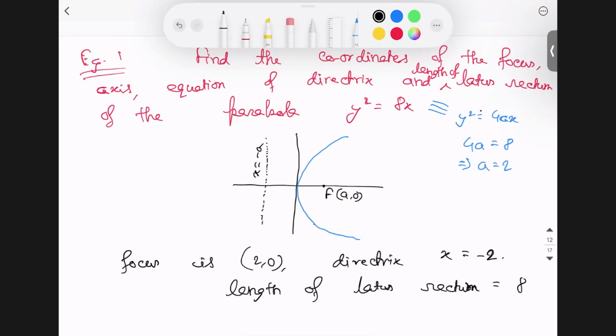So the length of the latus rectum will be 8 here. And what is the axis? You can clearly see the axis is the axis of symmetry, and that is the x-axis.